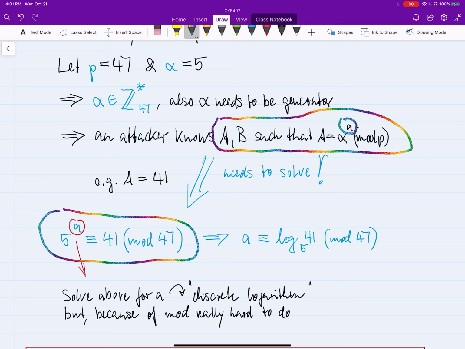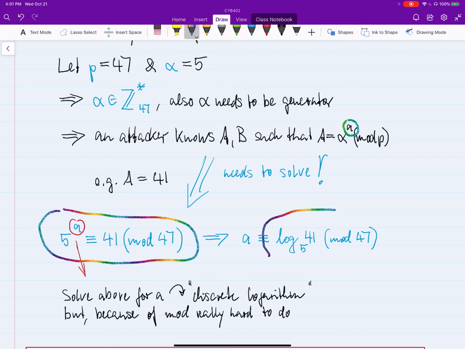Let me backpedal here. So if the attacker could figure out what the a is, which basically means to solve this logarithm problem.